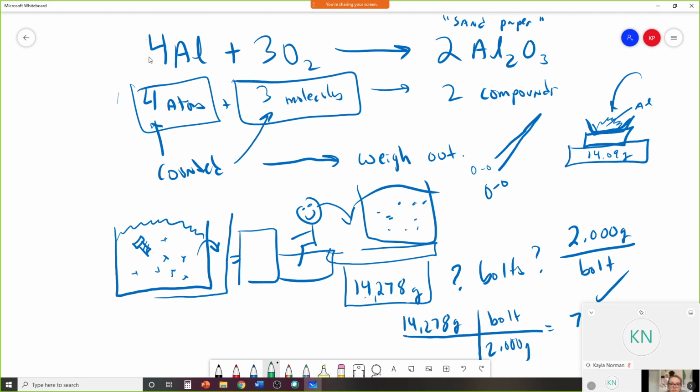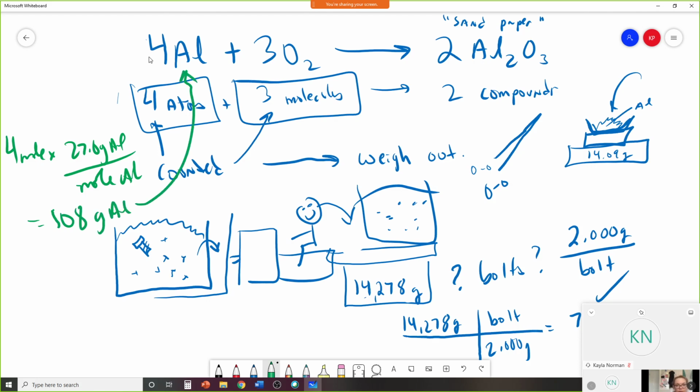And if we have 4 moles of aluminum, that would be 4 moles times 27.0 grams aluminum for every mole aluminum. What is that? It's 54, and 54 twice is 108. That would be 108 grams aluminum that we need to throw on the scale. I can weigh out 108 grams.